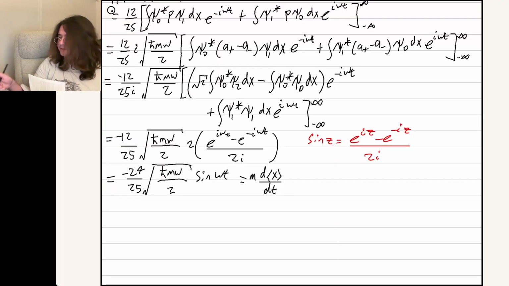It also asks us to check Ehrenfest's theorem in this iteration, that the time derivative of the momentum will be equal to minus the partial derivative of the potential with respect to x.